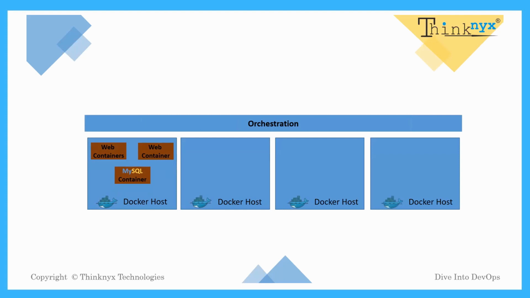Because Docker is for one system, not for multiple systems. How do you scale down when load decreases? To enable all these functionalities, you need to understand a platform called a container orchestration platform. It is a platform which provides you the flexibility for self-healing, scaling, scale up, scale down, right?